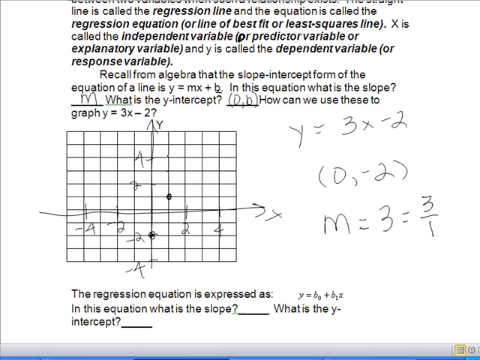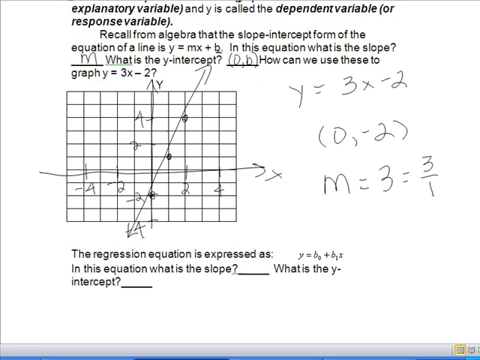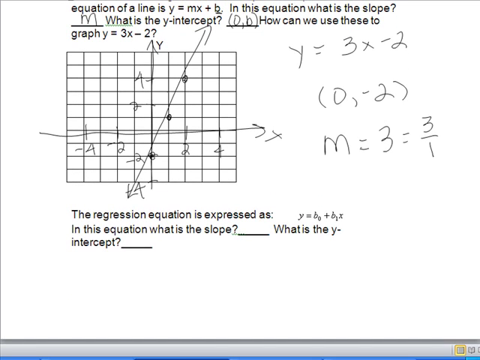Now, in terms of the textbook, the regression equation, instead of y equals mx plus b, they use y equals b sub 0 plus b sub 1 times x. Our slope is again the number in front of the x when the y is isolated.